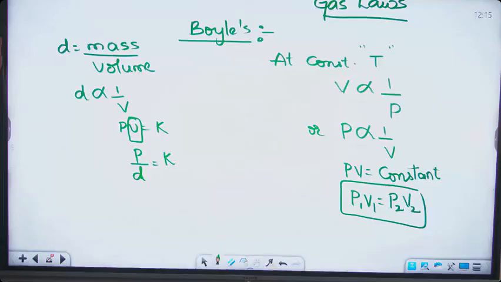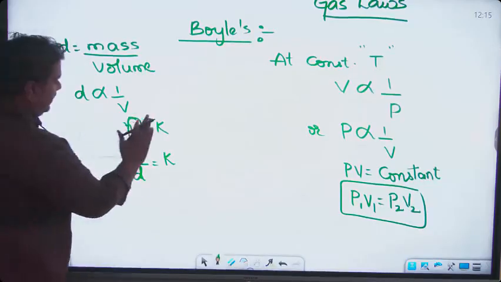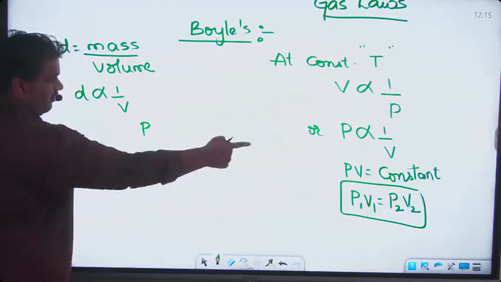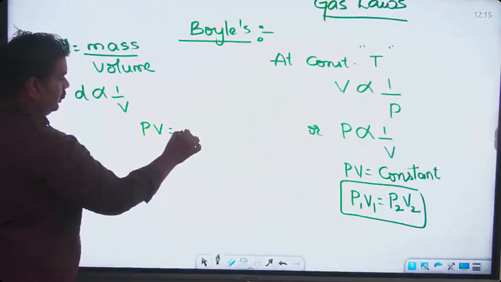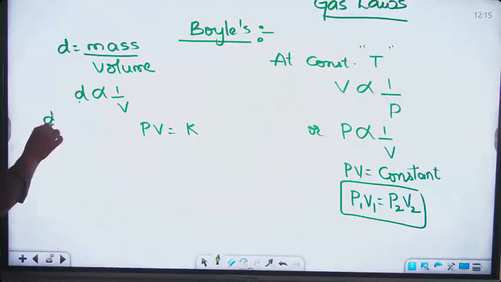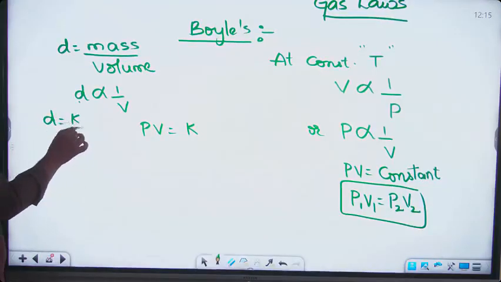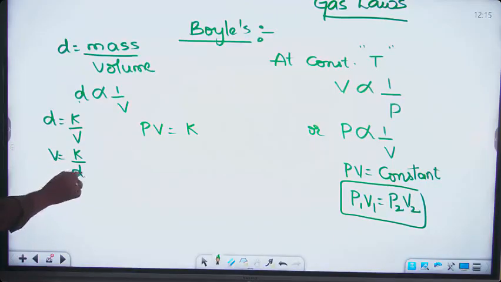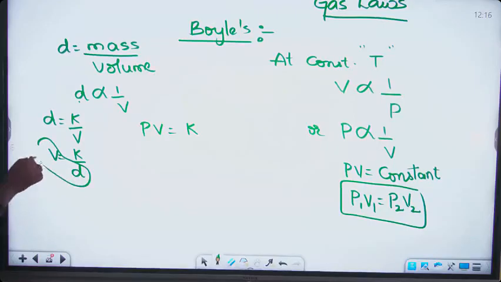So the first equation we wrote is PV equal to constant. At the same time, from this we can write that D equal to K by V, where we remove the proportionality constant and put K. Now from this we can write that V equal to K by D. Volume and density are both inversely proportional.